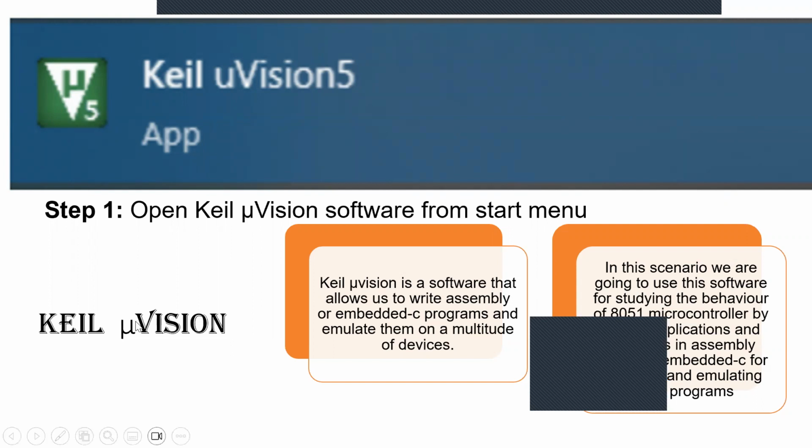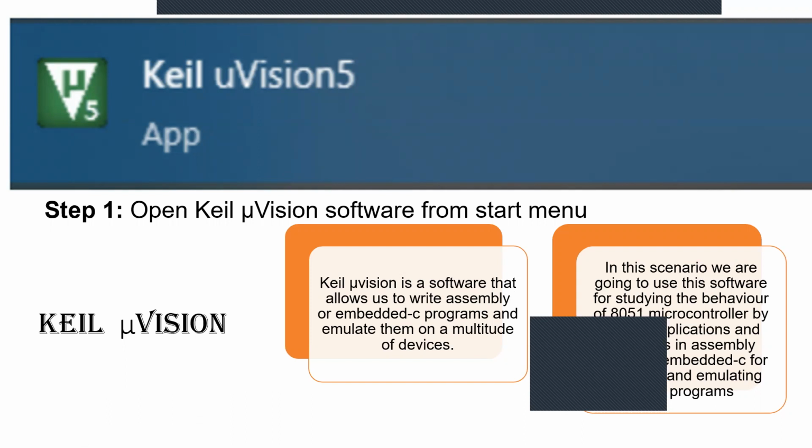What is Keil mvision? It is a software where you can write both assembly language and embedded C programs. I have already told you that microprocessors and controllers use assembly level and embedded C. Now we are using Python too. So in this app, Keil mvision, we can write assembly level and embedded C programs.